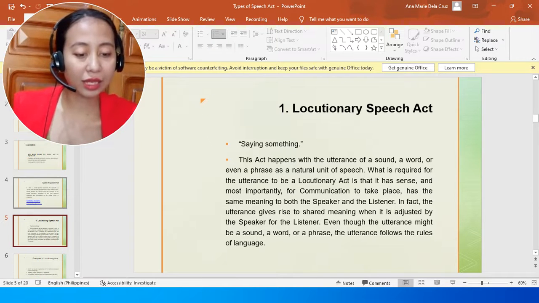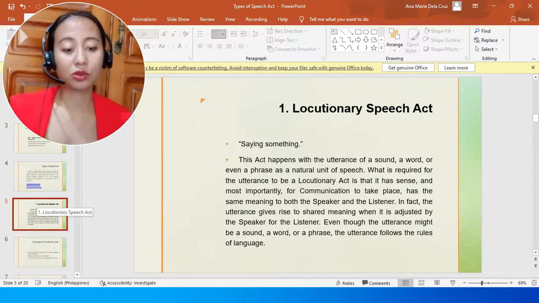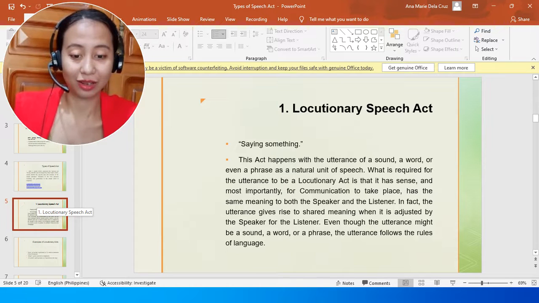Even though the utterance might be a sound, a word, a phrase, the utterance follows the rules of language. In a sound or word, like, oh my, fire, there is a meaning. Even though that is a short word, short phrase, or just a sound, there is a meaning. Do you understand?